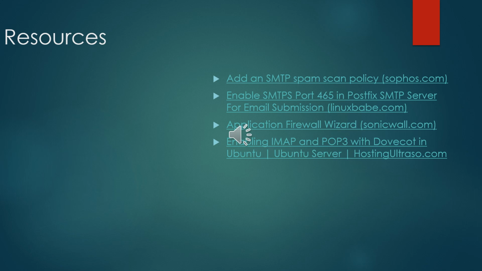The last source that I do have here is to enable IMAP and POP3s with Dovecot in Ubuntu server. It's coming from hostingultraso.com, and that is used on my first 3 slides.